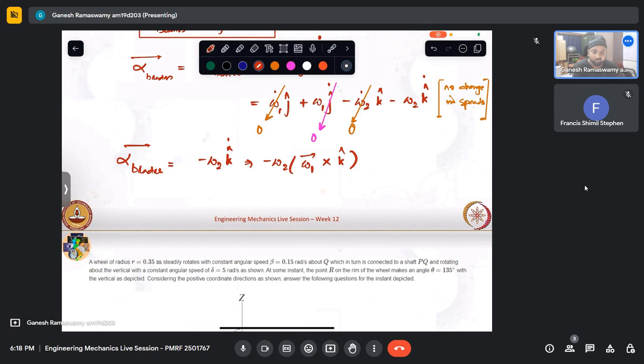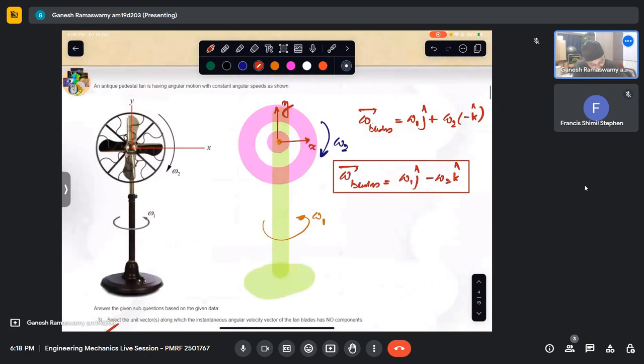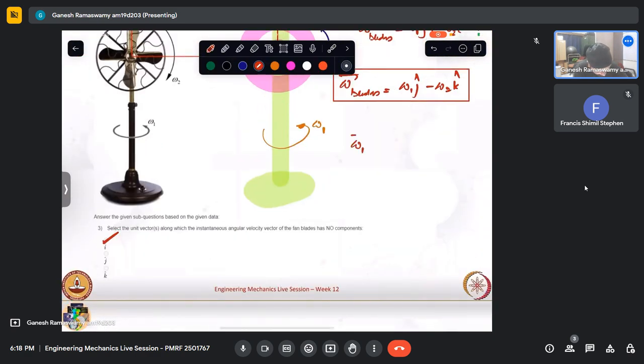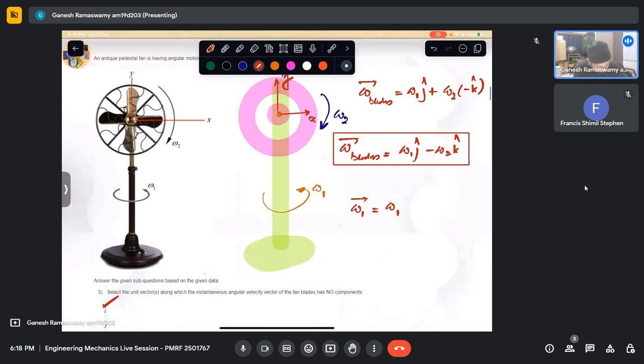Now we know what omega 1 vector is: omega 1 along plus j. This is what we have written here.